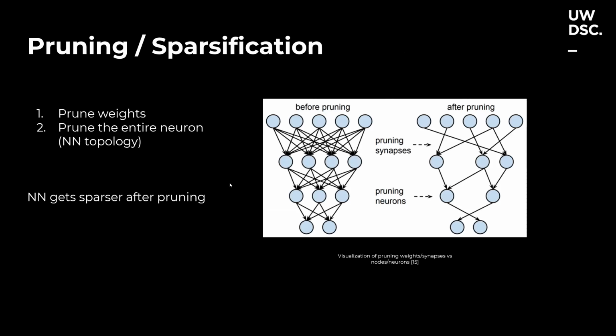So if you look at sparsification techniques depicted in this picture, you can see on the left is a traditional neural network, and after pruning, it looks like the one on the right. So pruning those connections. And actually there are two ways to do so. The one on the right actually prunes not only the connections, but also neurons.